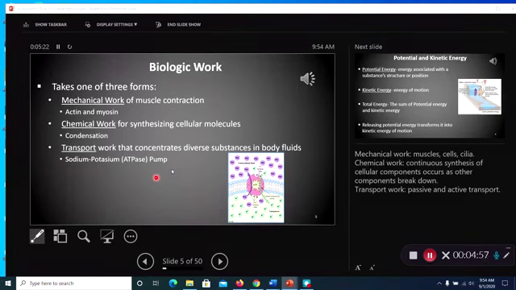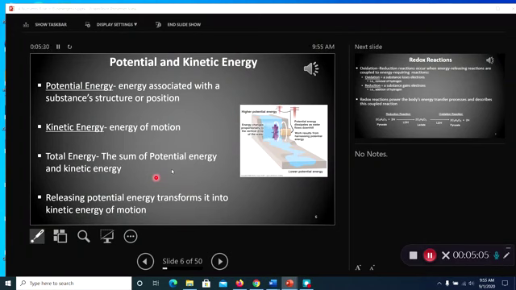So, potential and kinetic energy. Potential energy is energy associated with a substance's structure or position. It can be described as stored energy, especially when we're talking about macronutrients. Then we have kinetic energy, which is just the energy of motion. A muscle contraction is probably the easiest example for that. The total energy is the sum of potential and kinetic energy: potential energy available and kinetic energy that's being used.